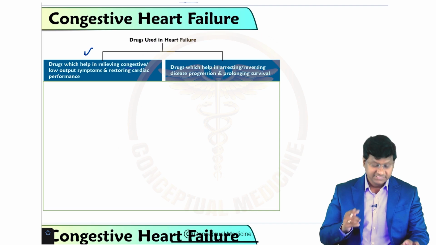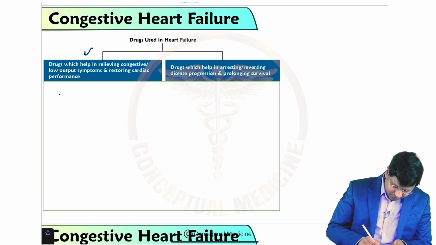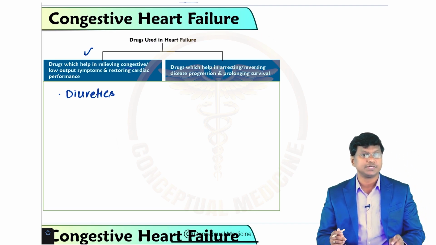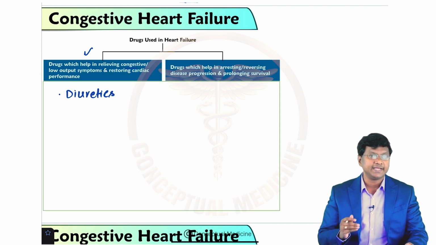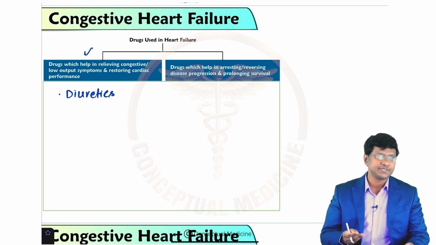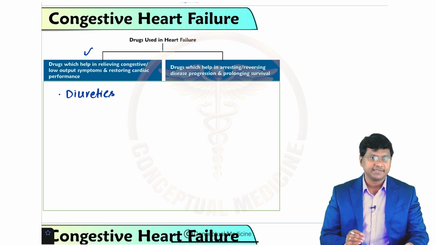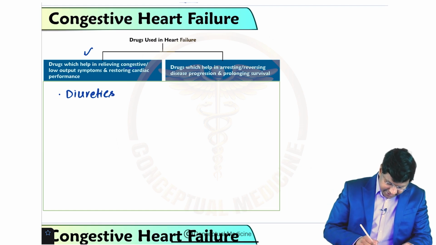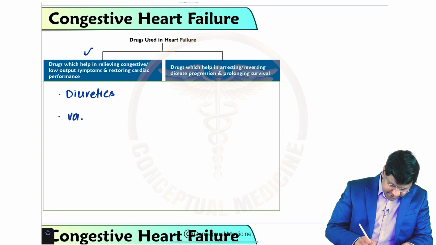Number one, the diuretics. So they will reduce the congestive symptoms and they restore the cardiac performance within the individual. And these diuretics include the loop diuretics like furosemide, torsemide, bumetanide, and then metolazone. And the other group of drugs are vasodilators.